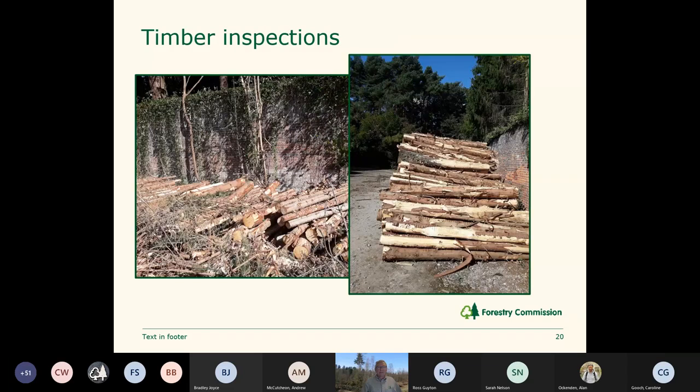So this was, in fact, an overstood Christmas tree plantation that's been felled and removed. It was a relatively small area, but was in really very good condition for Ips infestation, because as an overstood plantation, it was under-thinned.